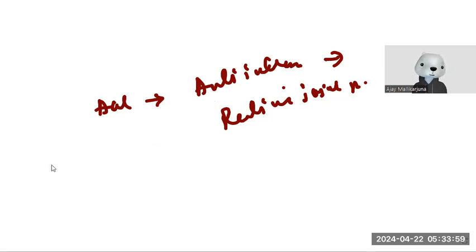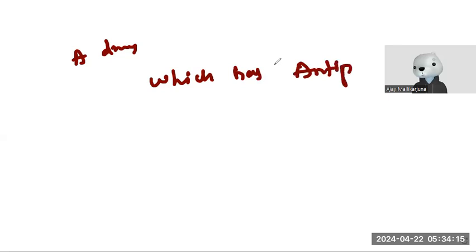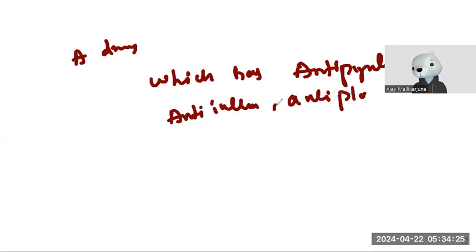Here the question is: a drug that has antipyretic, anti-inflammatory, and antiplatelet activity.